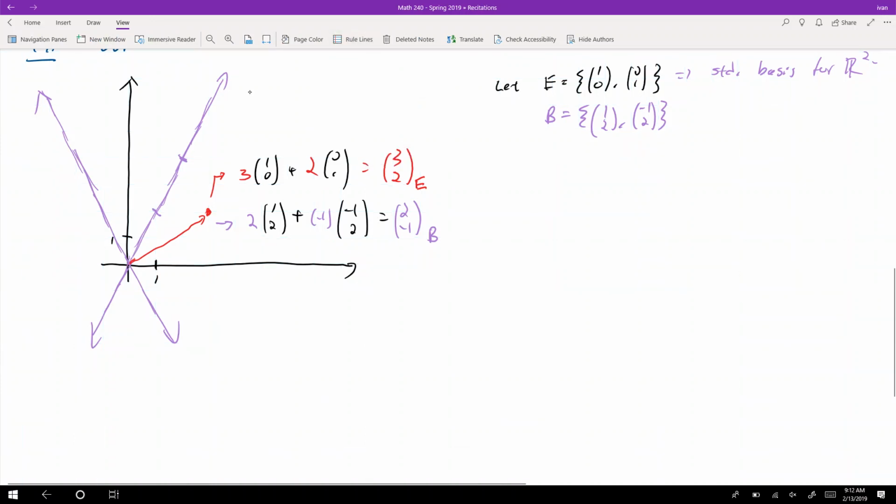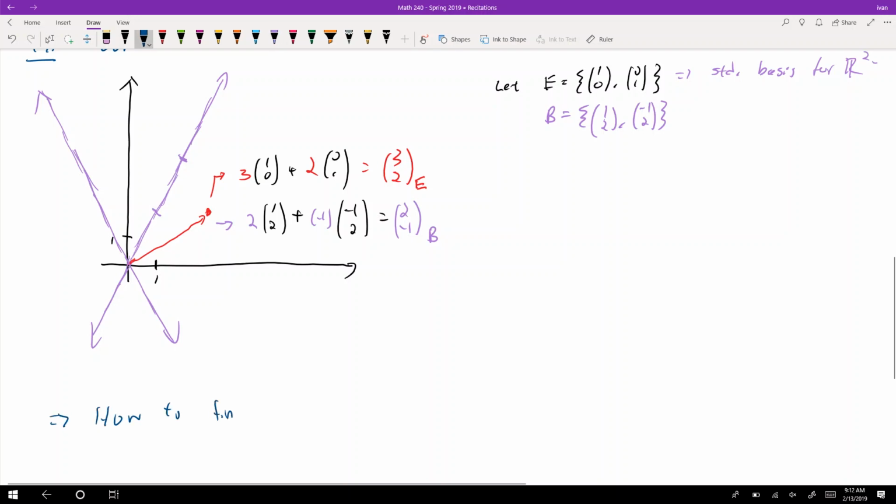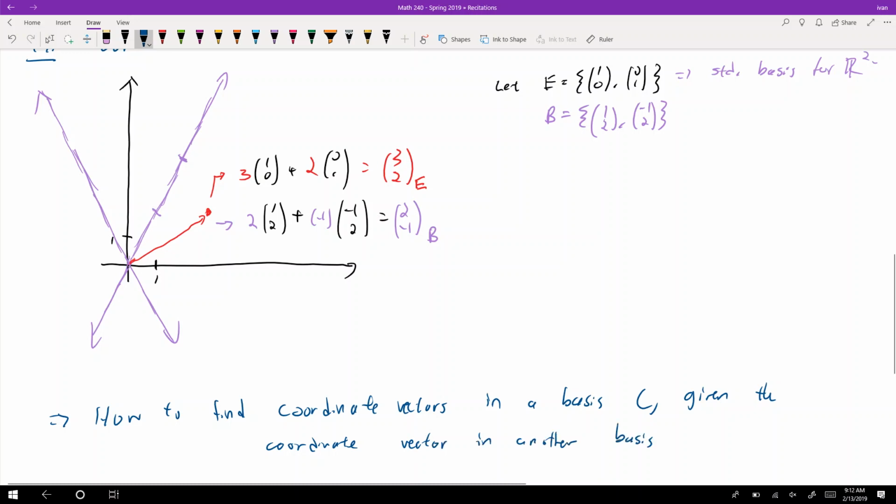So how can we find coordinate vectors in a basis C given the coordinate vector in another basis B?